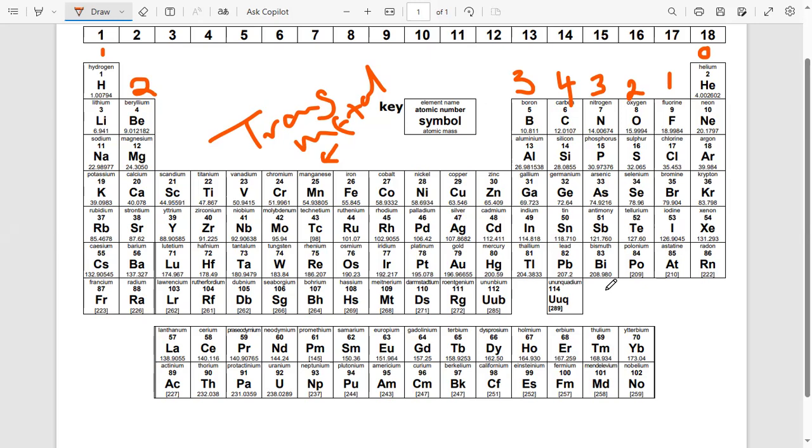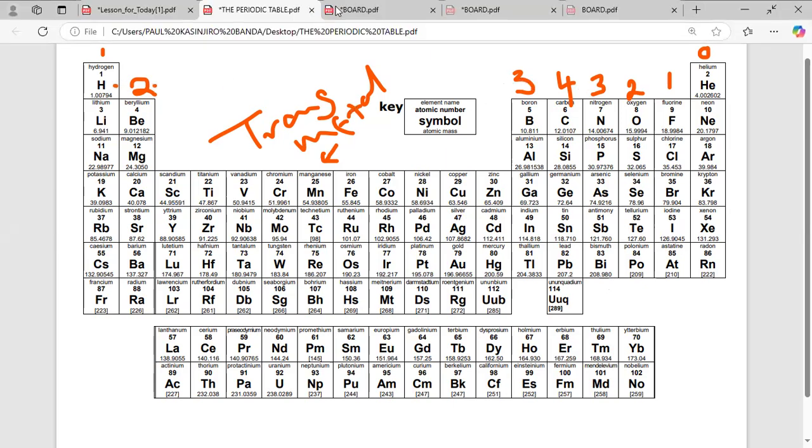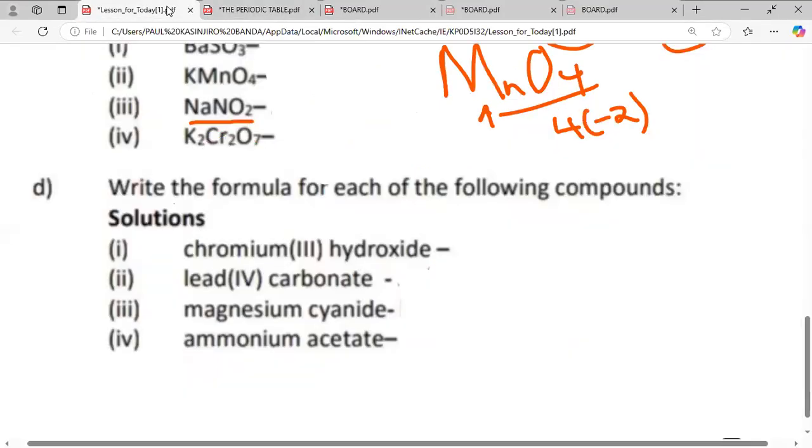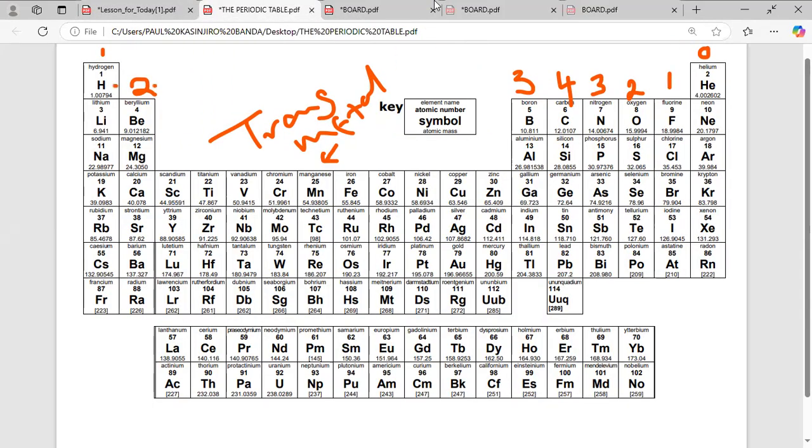So the first 3 groups here are metals, and then these are non-metals. Then the noble gases are just neutral. The noble gases, these ones here, have a 0 charge.